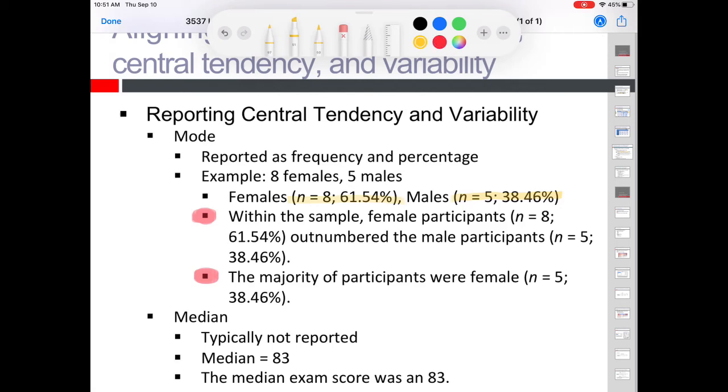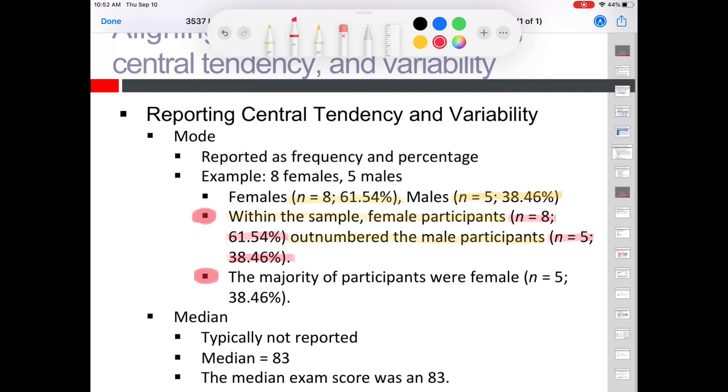So we're writing this out with words so that somebody reading can understand, but right after that, we're also including our actual numbers, so that the reader can say, oh, I know female participants outnumbered the male participants, but by how much? So we always report our actual statistic right after we write out our data.